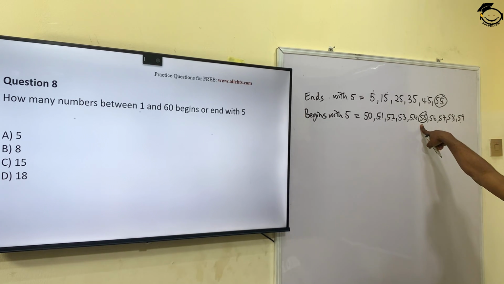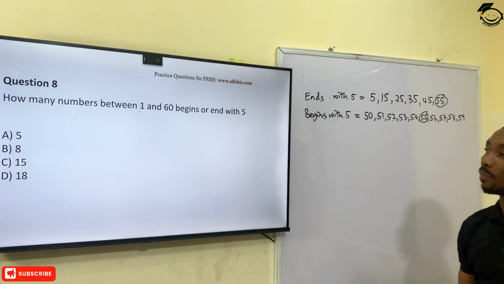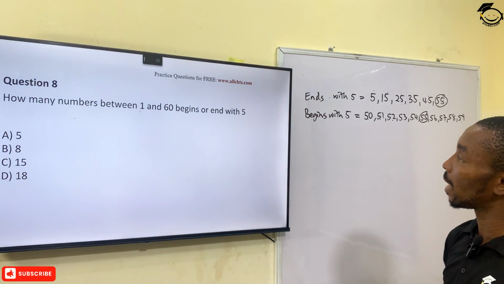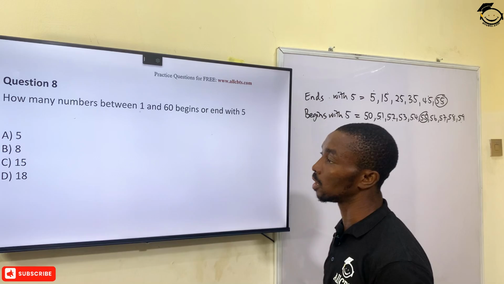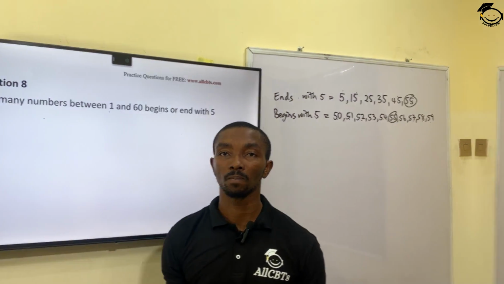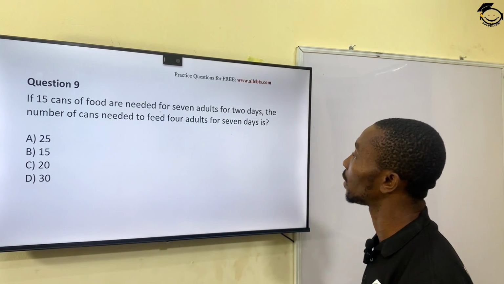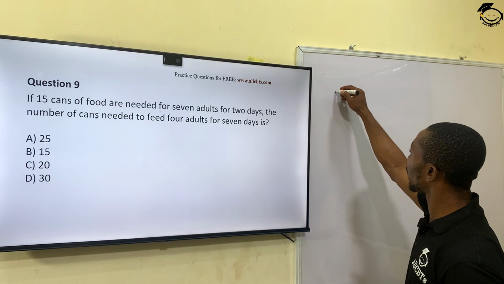Notice I'm not counting 55 again because I've counted it here. So our total number that begins with or ends with 5 between 1 to 60 would be 15, which is our option C.